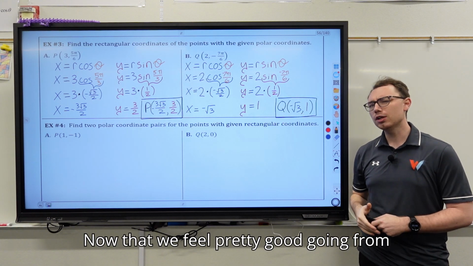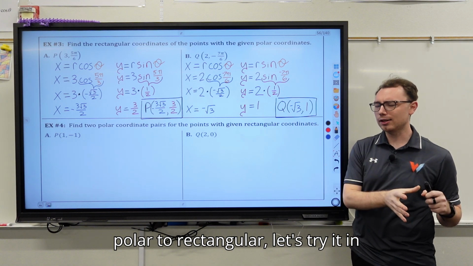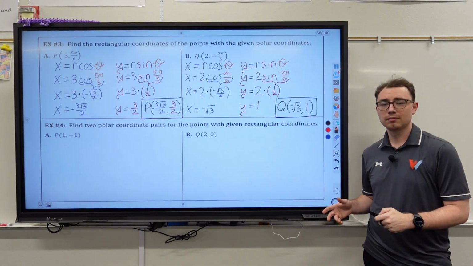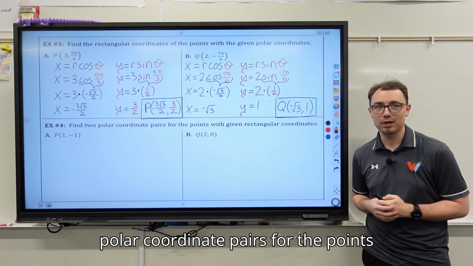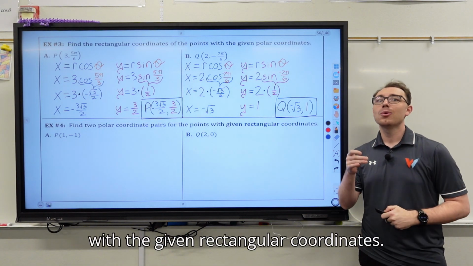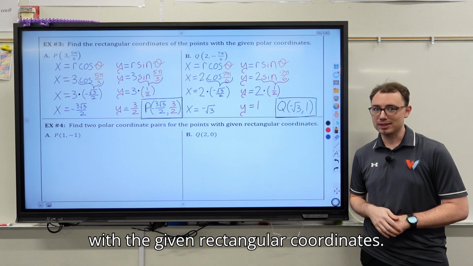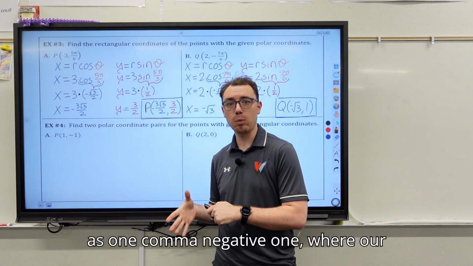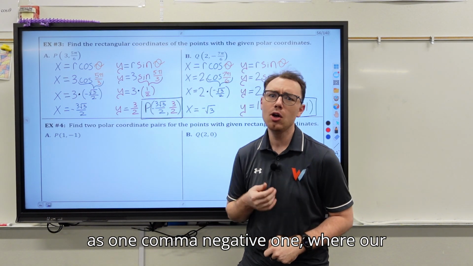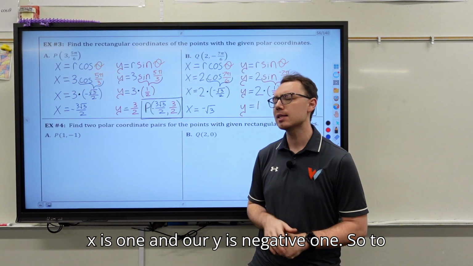Now that we feel pretty good going from polar to rectangular, let's try it in reverse. In example 4, we want to find two polar coordinate pairs for the points with the given rectangular coordinates. In example 4a, we're given point P as (1, -1), where our x is 1 and our y is -1.